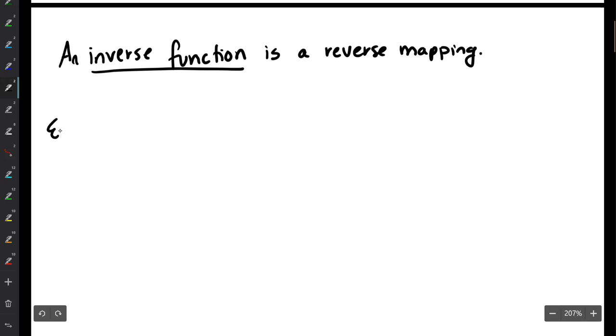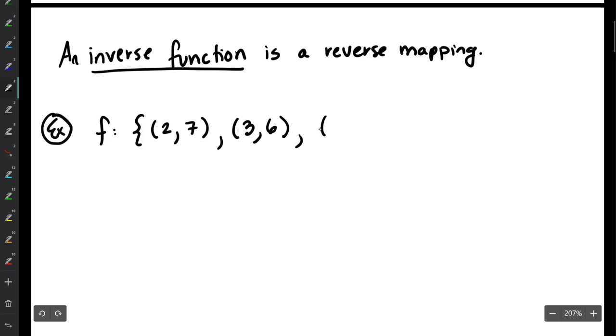So, for an example, say the function f, we're describing it with these ordered pairs. 2 is sent to 7, 3 is sent to 6, and let's be playful, 0 is sent to pi. 2 is going to just one place, 7.